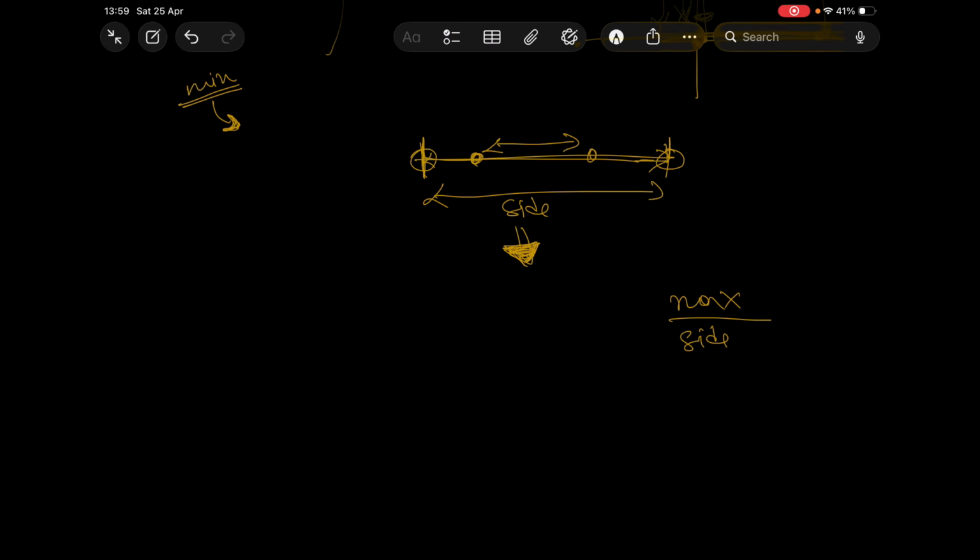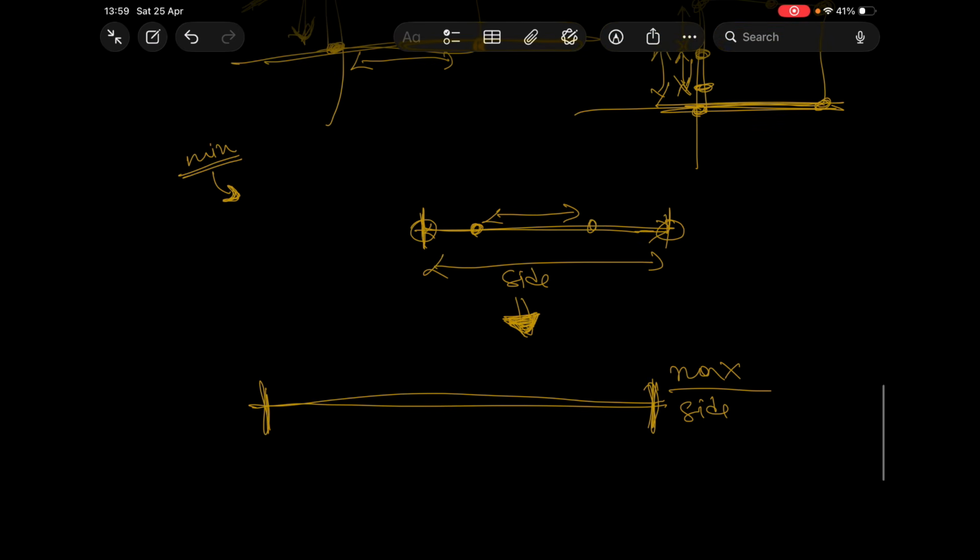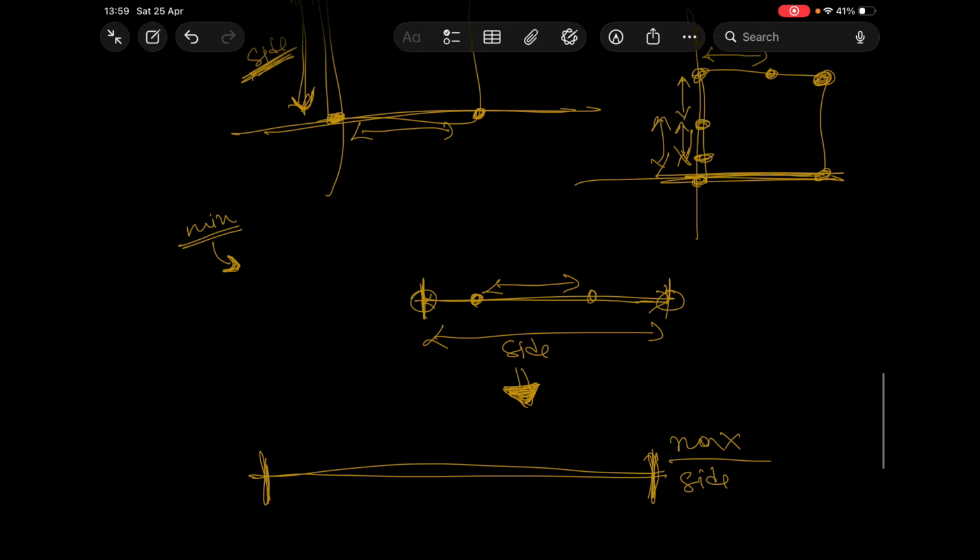What can be the minimum value for our answer? This is the maximum. For the minimum value, since our constraint, or the question, is given such that these points are integer points, not decimal or floating points, it means if I have here 0 comma 0, the next point in this line would be 0 comma 1, or if I say in this line, the next point would be 1 comma 0.